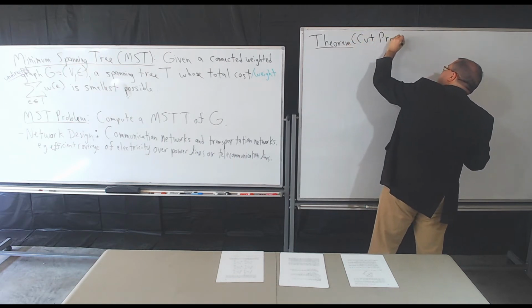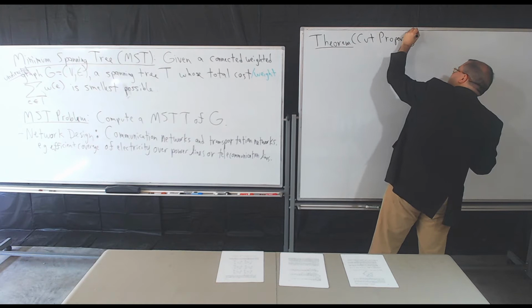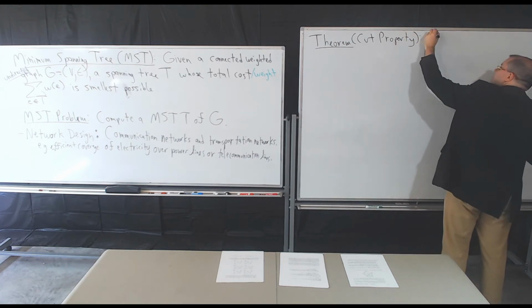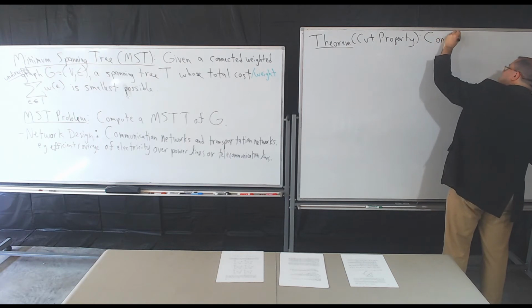There's a property called the cut property of minimum spanning trees. It's stated as follows. Let me just state it first, and then I'll explain, and then we're going to do the proof.